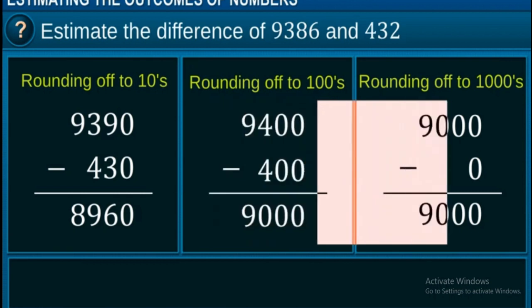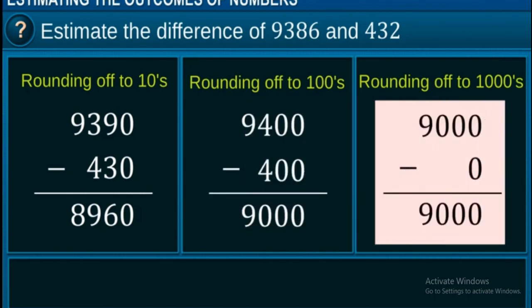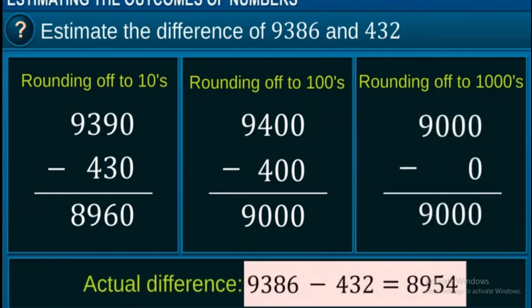Similarly, rounding off to the nearest thousands, we get the estimated difference as 9,000. The actual difference is 8,954. We can see that rounding off to the nearest tens gives the closest estimate.